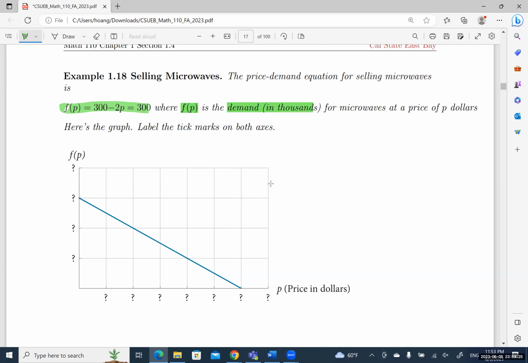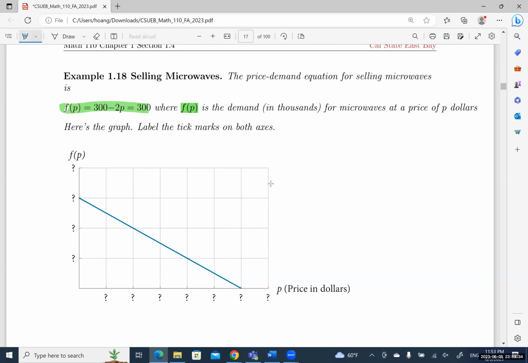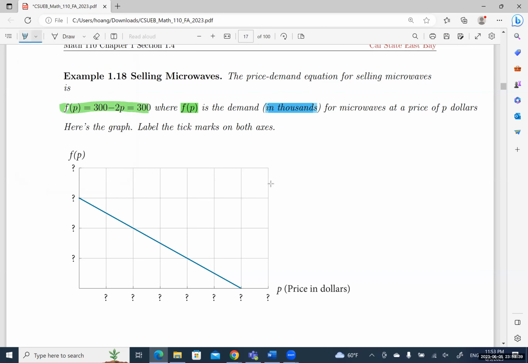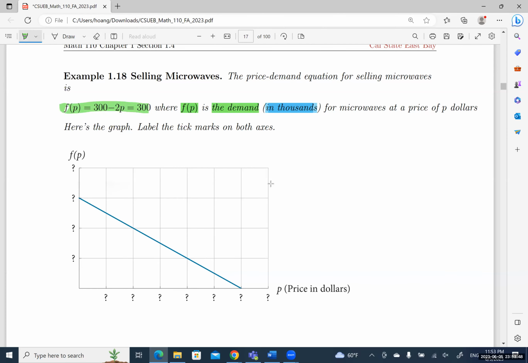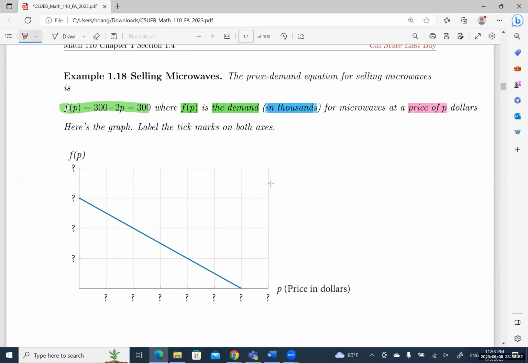Okay, so let me use that notation, in thousands. And this is the demand, and p is the price.